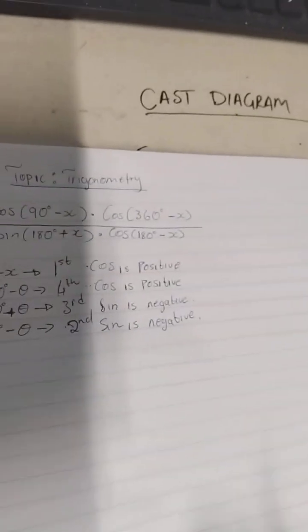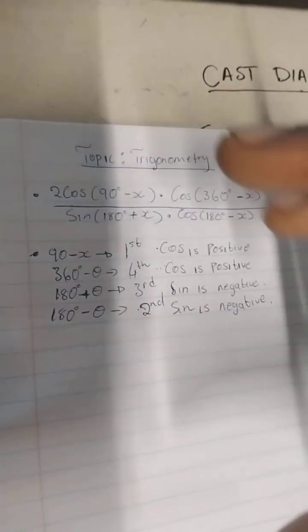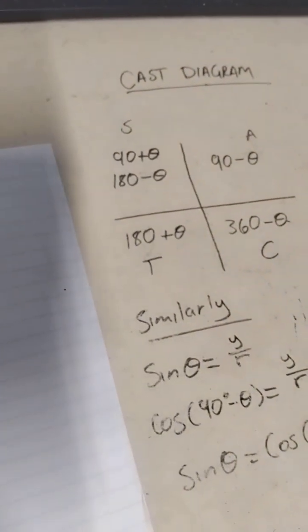Thank you very much, guys, for giving us these details. Since we've broken this guy into pieces, let's go back to our CAST diagram and compare our answers and clear the air, bit by bit. We see where we have our cos of 90 minus theta.